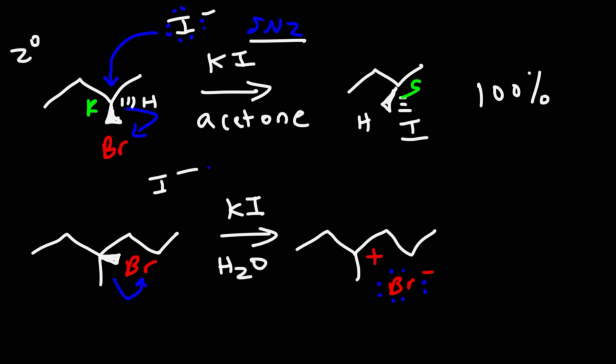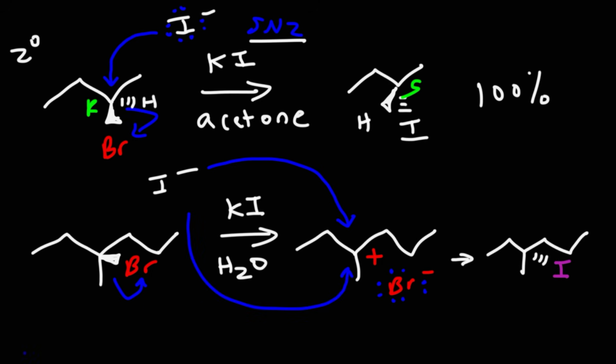Now, if iodide attacks from the back, we're going to get the inverted product, which looks like this. If it attacks from the front, we're going to get the retention product.